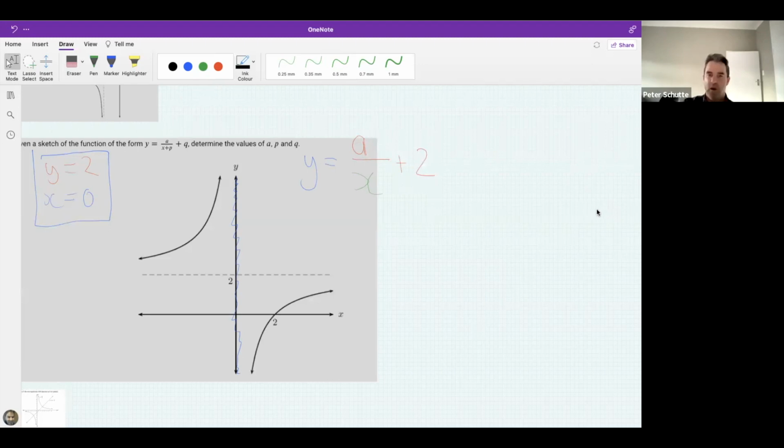So I want to then ask, okay, the last thing I have to do is find A. But normally we are given another point. And in this scenario, I think the only point I can see is this point over here. What is the big blue dot over here? What is that point going to be?